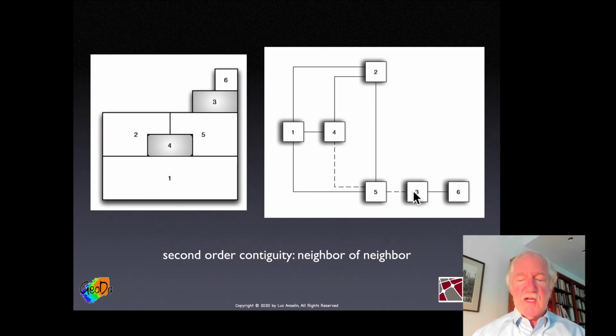The shortest path is to 5 and then to 3. The longer path is to 2, to 5, and to 3. That would imply that 4 and 3 are third order neighbors, but they're not, because they're already second order neighbors. So that's what I mean by the pure definition.